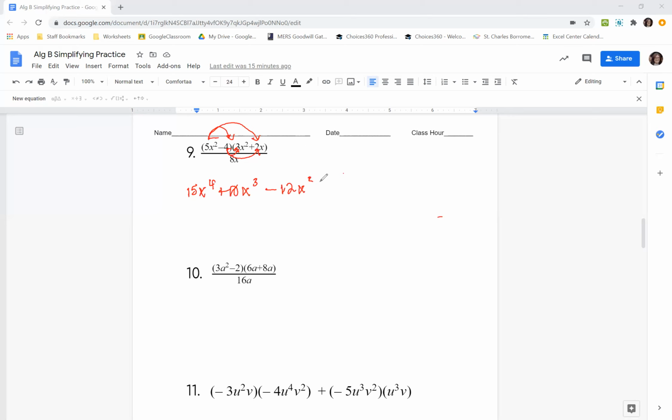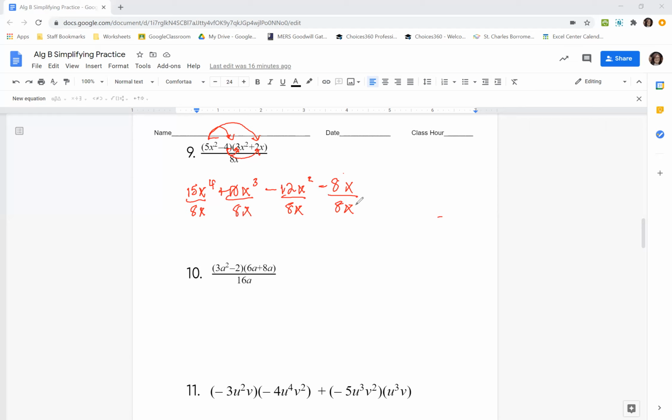Negative 4 times positive 2 gives me a negative 8x. Okay, so I'm going to go ahead and do 2 steps in 1. I simplified the top, and then I'm also going to split up into separate rational expressions. Instead of rewriting that twice, I just split it up.